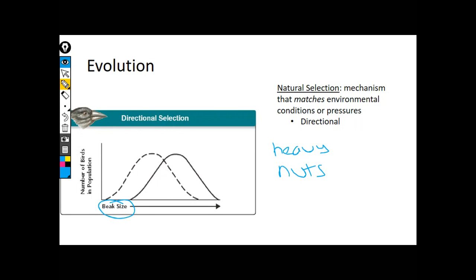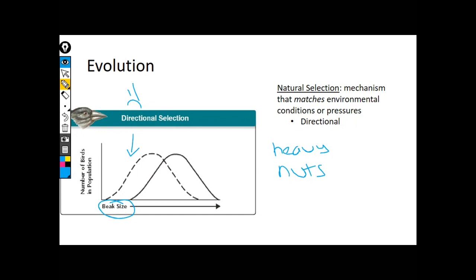The birds with the smaller beaks would have been less likely to be able to get into these nuts. So they starve. Poor birds. You starve to death, you don't breed, you don't have babies with little teeny fiddly beaks, right?